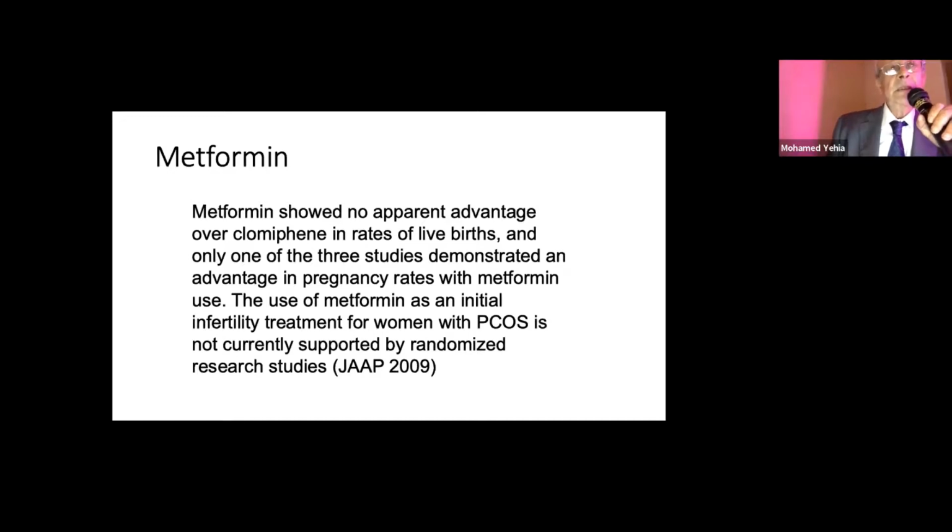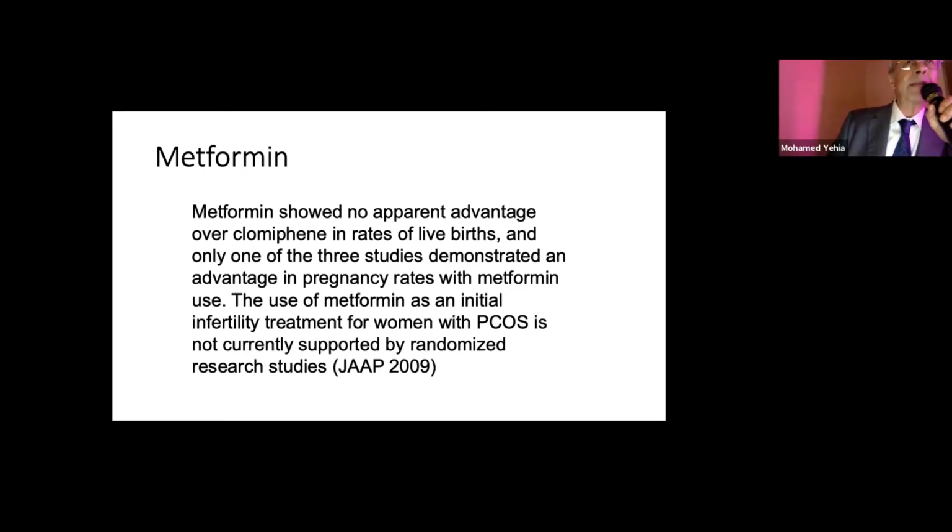Metformin: a few years back, all women were having metformin, and we started speaking about it. There's no advantage over clomiphene in the rate of live birth, and only 1 trial demonstrated an advantage in pregnancy rate of metformin use. Use of metformin as initial infertility treatment for women with polycystic ovarian syndrome is not supported by randomized trials.